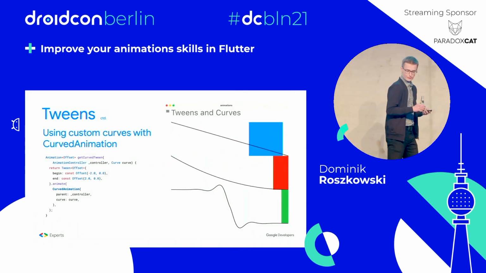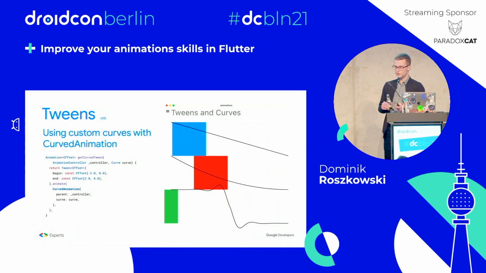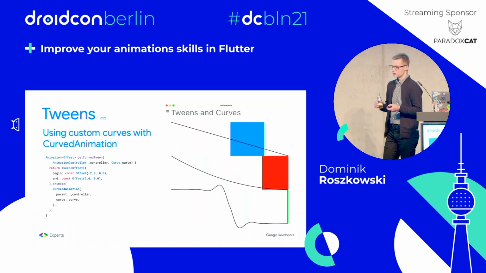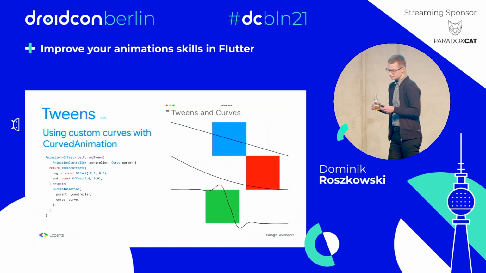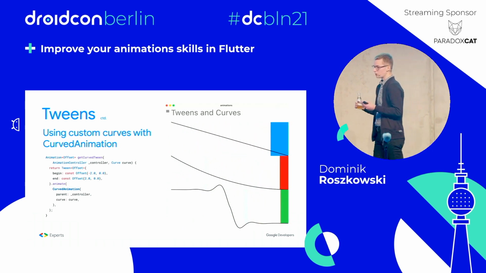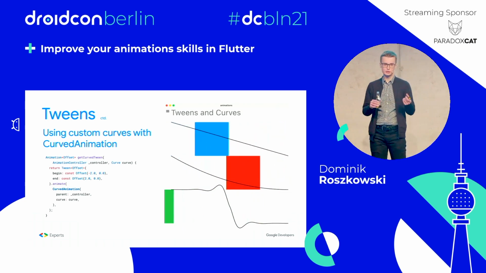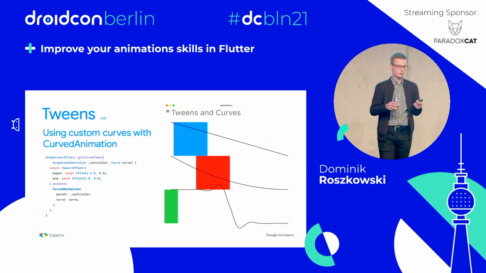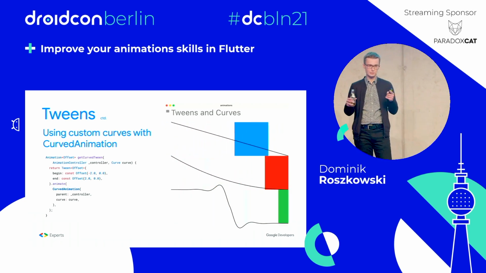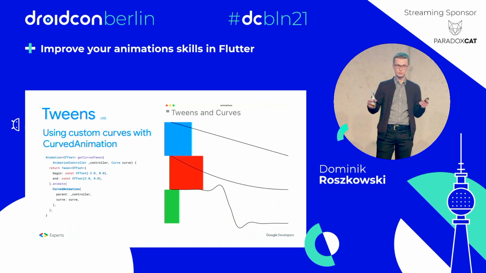It's self-explanatory, right? Tweens are very handy, and I think I use them even more often than any other animation-related stuff, because they allow you to map not only from 0 to 1, which is what the animation controller provides you with, but to any other scale, maybe from 0 to 10 or -2 to 2 or whatever.